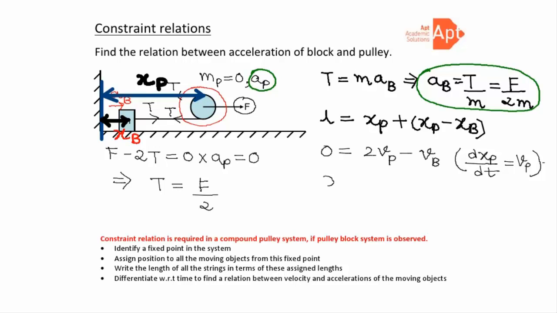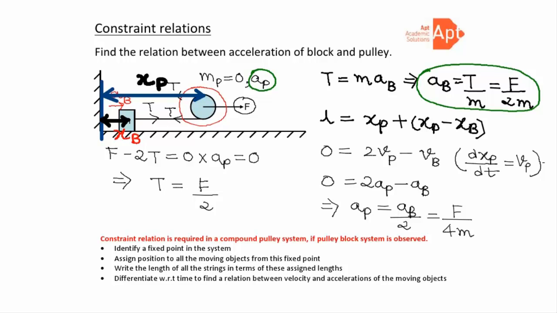Now again, when we differentiate with respect to time, we get twice AP minus AB equal to 0, or AP is equal to AB by 2, which is equal to F upon 4M.